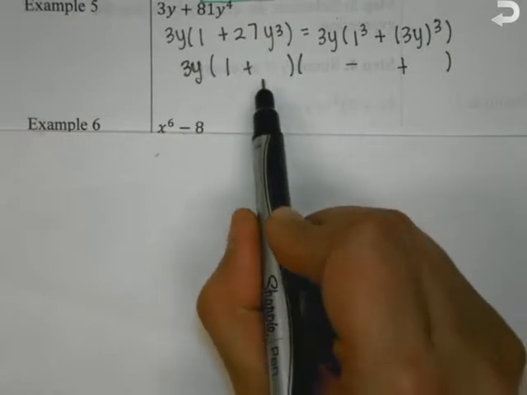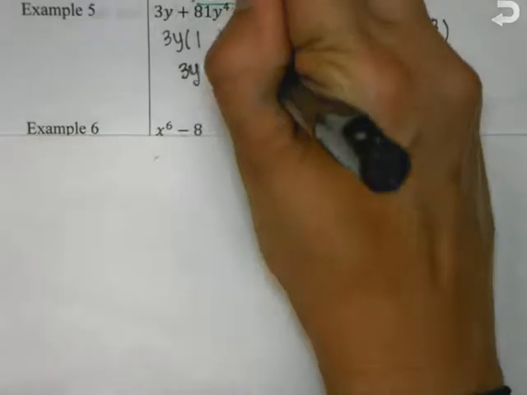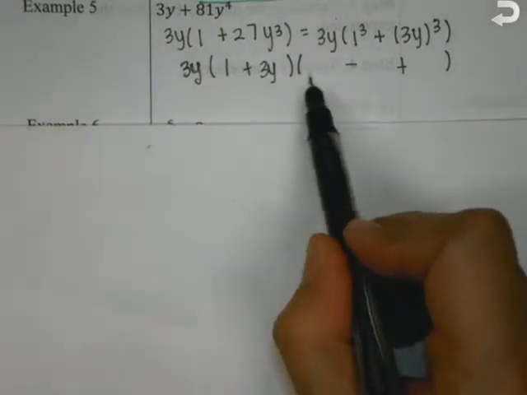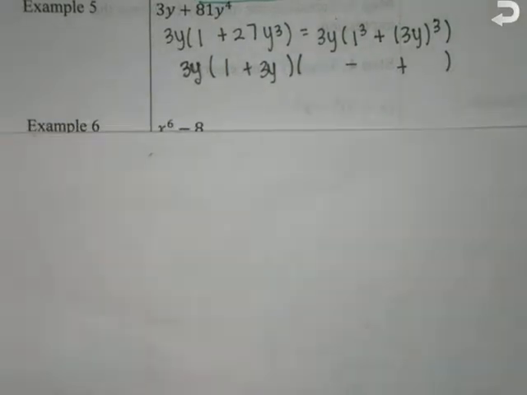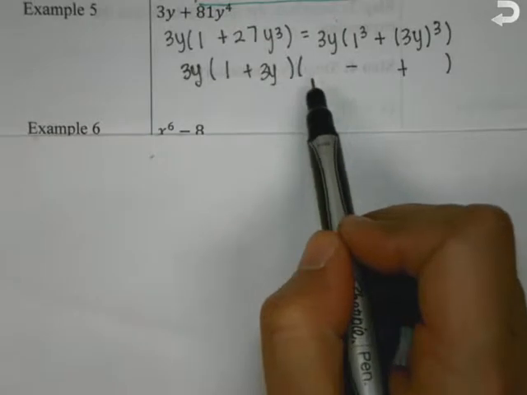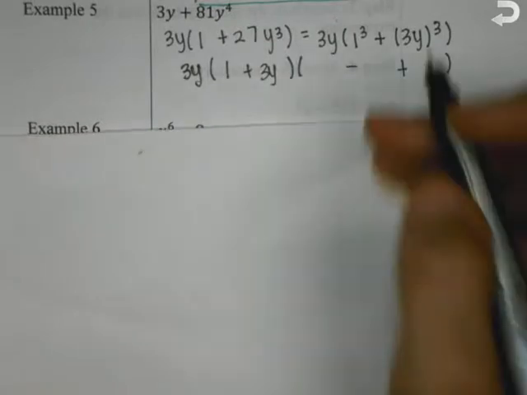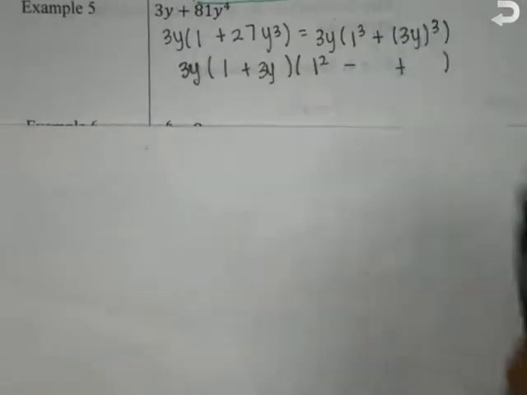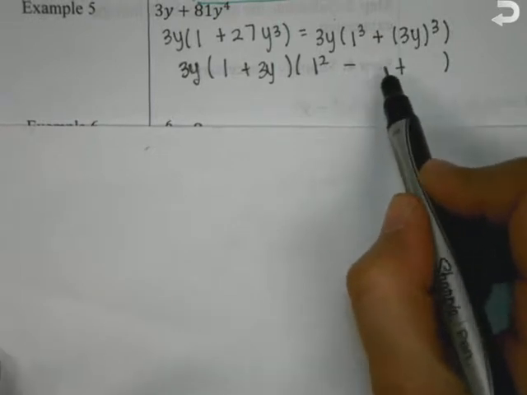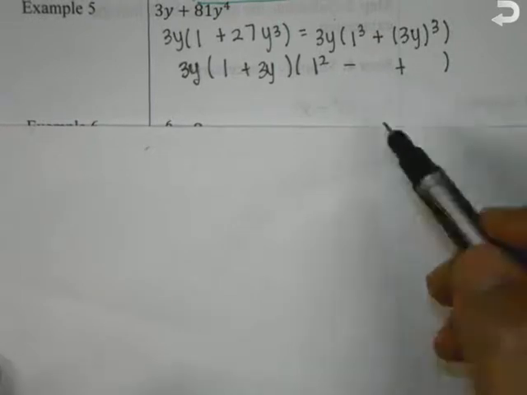Okay, first blank in the bigger parentheses. Who's in 19? 1 squared. Perfect. Okay, second blank. Who's in 32? 1 times 3y. And then last blank is what? Who's in 22?